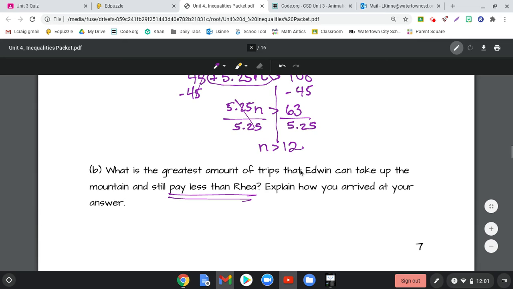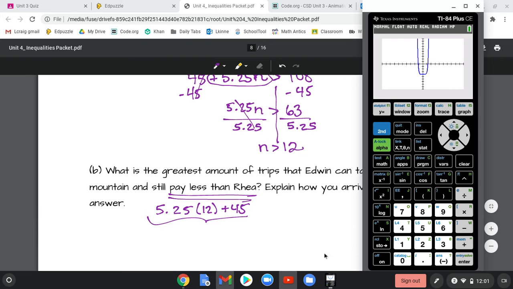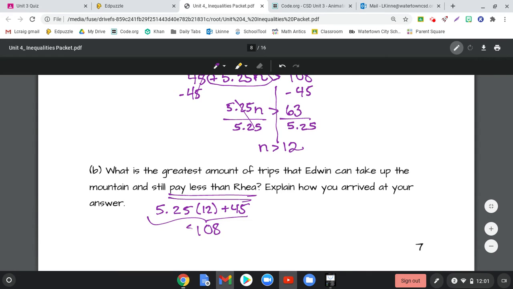So let's try 12. If we did 5.25 times 12 plus his $45, if we put it into the calculator, 5.25 times 12 plus 45, you can put it all in at once. That's exactly $108.